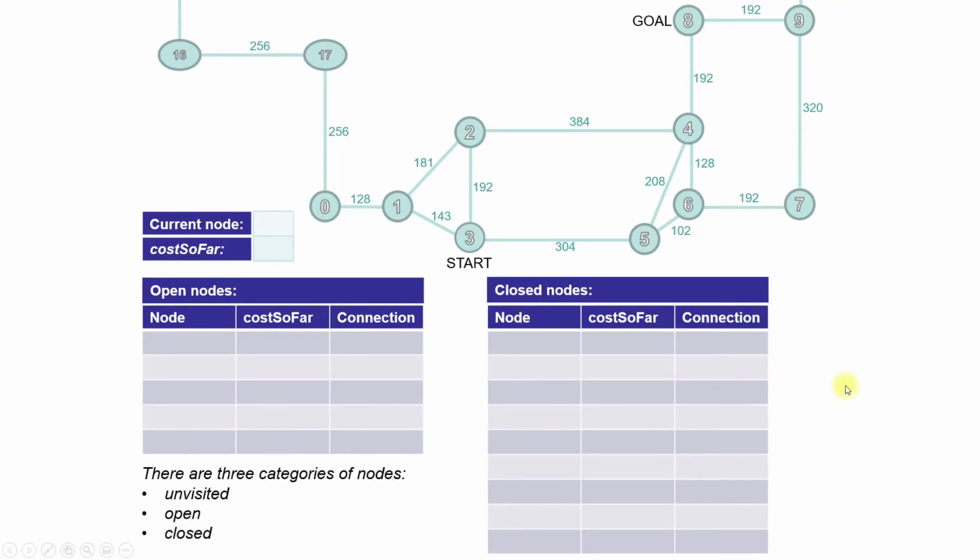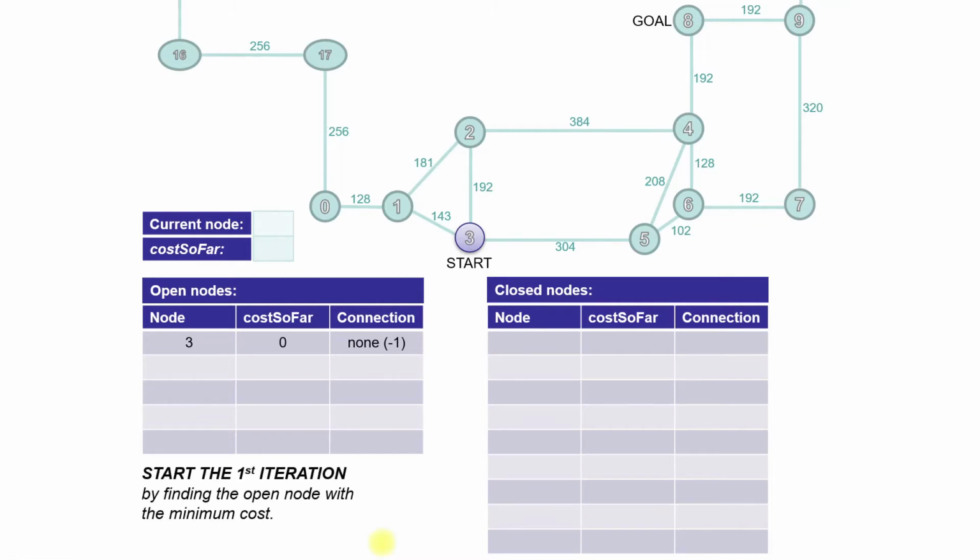So we have 3 categories of nodes: unvisited, open, and closed. The initial step of the algorithm is to add the start node, so in our case this is the node number 3, to the open list, with the cost so far equal to 0 and the connection equal to -1, which means no previous connections. And now we are ready to start the first iteration of the algorithm.